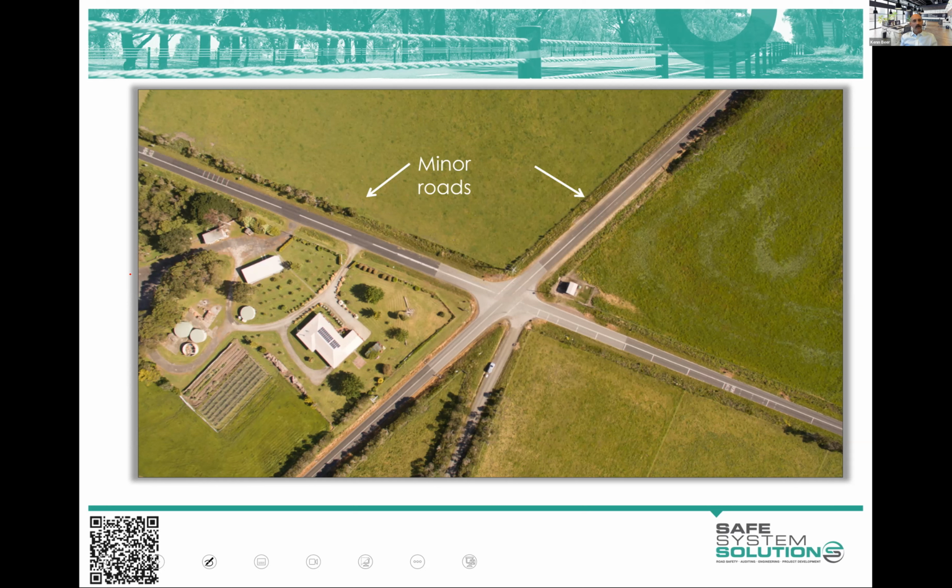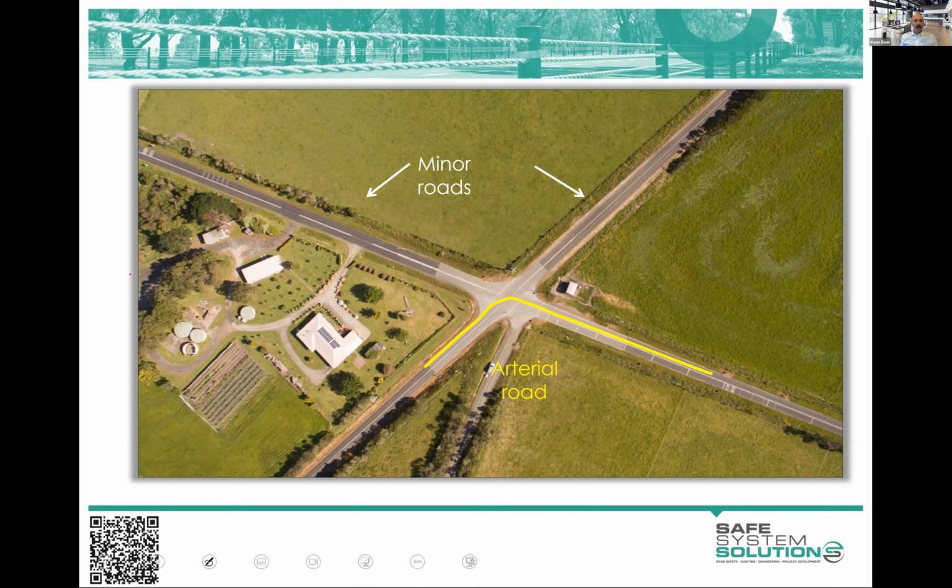It had two minor roads, and then the arterial road went around this way. High speed, all of this was 100 kilometres an hour. They did actually reduce it to 80 for safety concerns a while back, but it's still having a lot of trouble. And they said, well, we'd like to reduce the severity of crashes here, make this all safer.